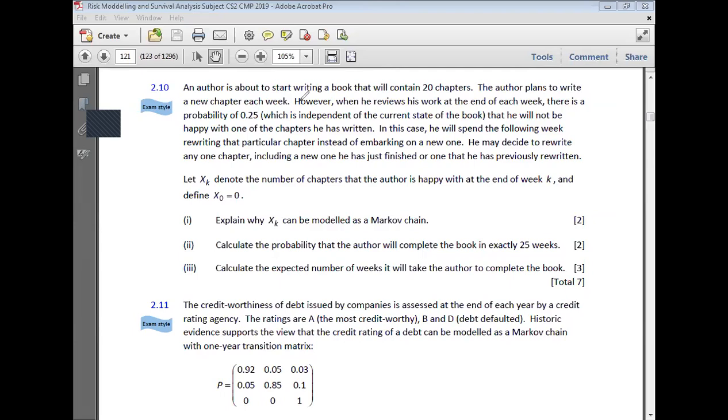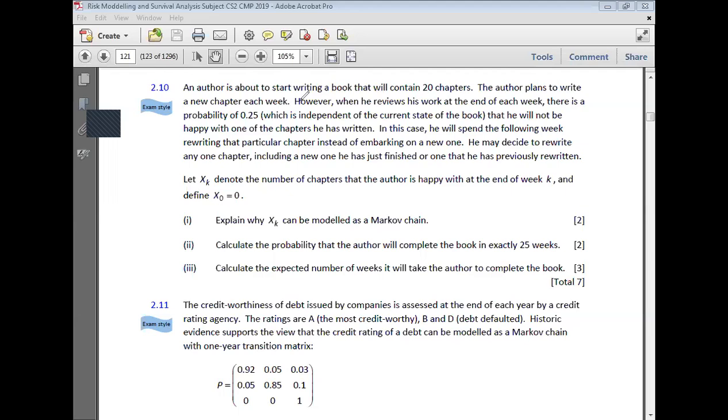Yes, ma'am. An author is about to start writing a book that will contain 20 chapters. The author plans to write a new chapter each week. However, when he reviews his work at the end of each week, there is a probability of 0.25, which is independent of the current state of the book, that he will not be happy with one of the chapters he has written.